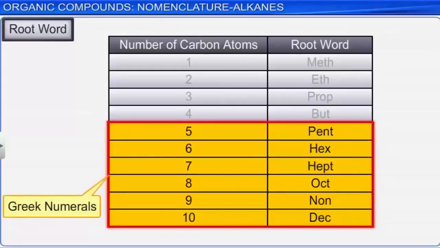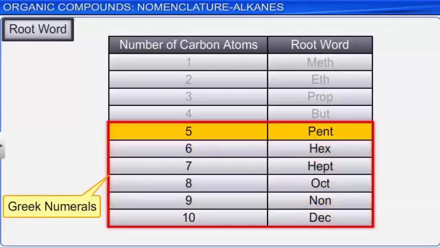Thus, the word root for 5 carbon atoms is pent, 6 carbon atoms is hex, 7 carbon atoms is hept, 8 carbon atoms is oct, 9 carbon atoms is non, and 10 carbon atoms is dec.